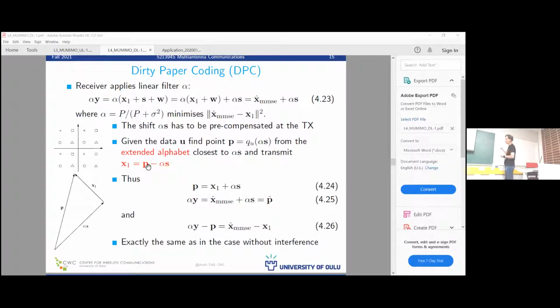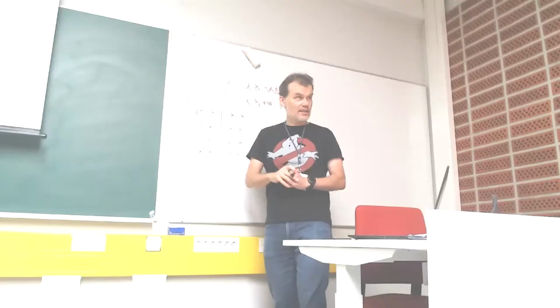The basic principle of dirty paper coding is the so-called extended constellation. Here we have a very simplified scenario: let's say this one here is a QPSK constellation. So we have a 4 times extended QPSK constellation.